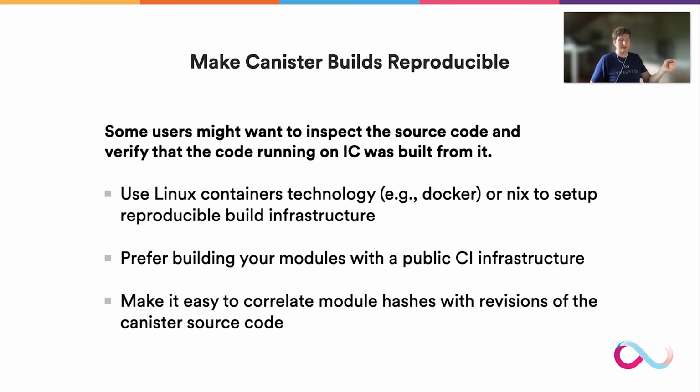I can check out this release and try to build it on my own machine. If you use GitHub releases, just consider adding your module hash to the release description.